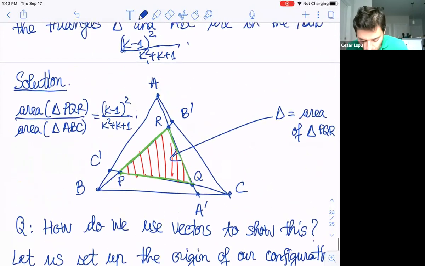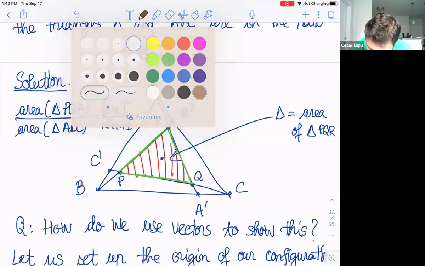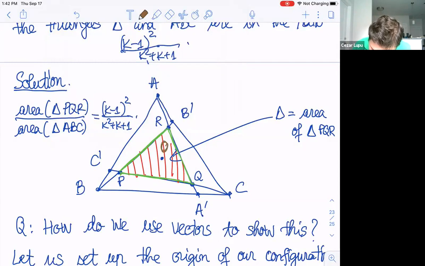All right, great. So I like to express all vectors in terms of this. So let's say I have this point O here. Let me put another color. I'm going to use this color for the first time, O. And I'm going to write all these vectors, OP, OQ, and OR, in terms of OA, OB, and OC. That's the main goal. So I like to do that.